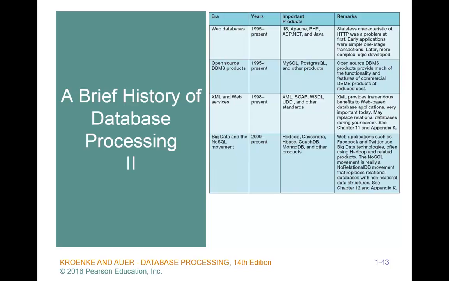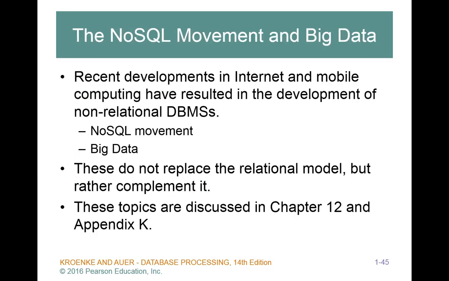The NoSQL movement is a deviation from the relational model, with non-relational data structures implemented. Those topics are discussed in chapter 12, which we won't cover in this class. But as a student in this class, and somebody trying to understand databases more, I would definitely understand what that movement is and where we're going. Okay? So this is the end of chapter 1.